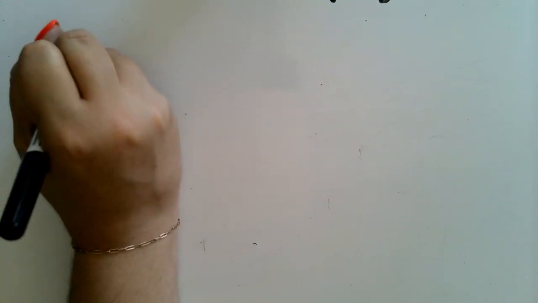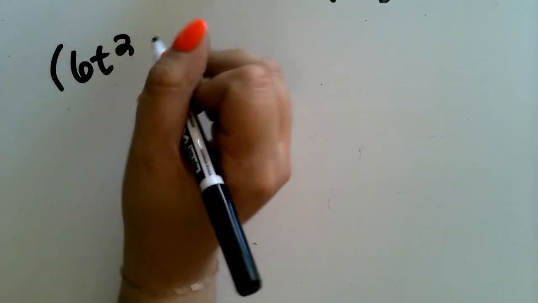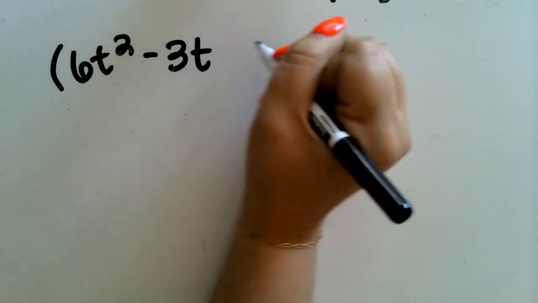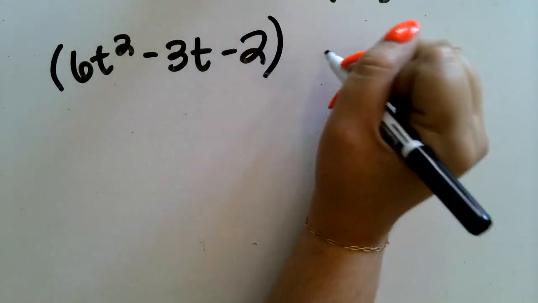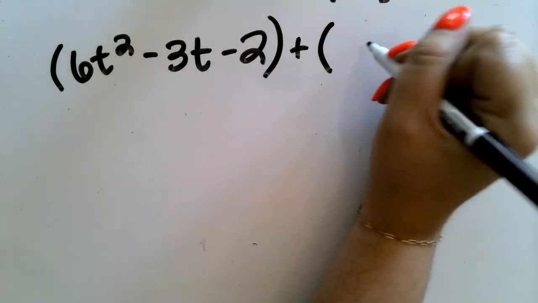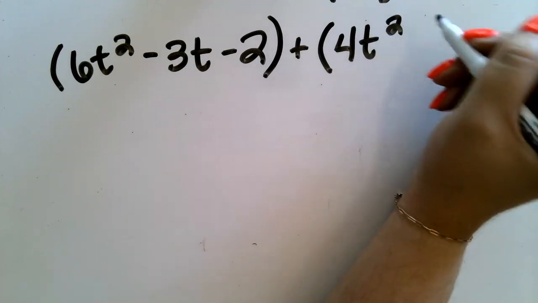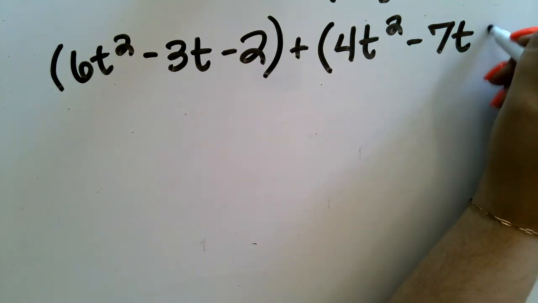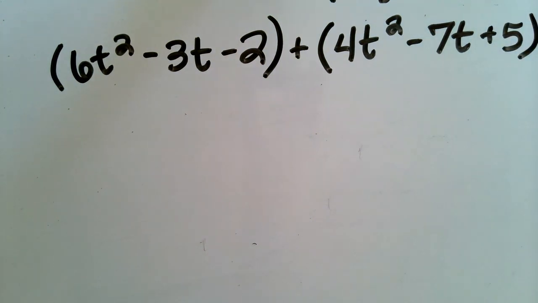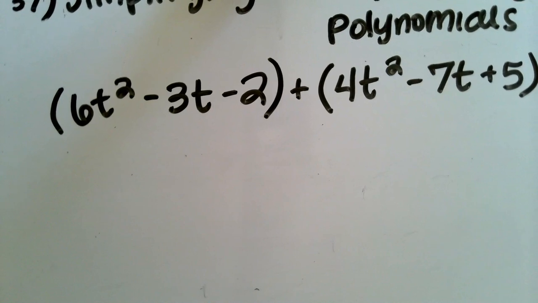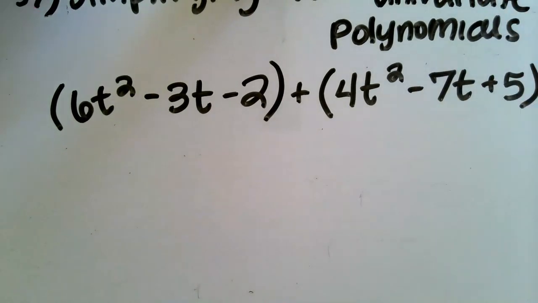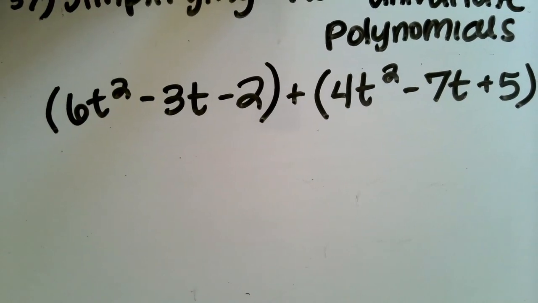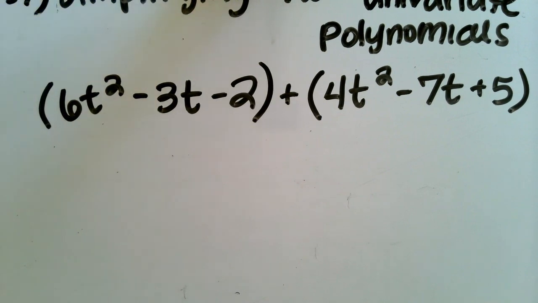This time we have 6t squared minus 3t minus 2 plus 4t squared minus 7t plus 5. Let's go ahead and straighten that just a little. There we go, that's better. Okay, and this time I'm again going to rewrite this all out without parentheses.